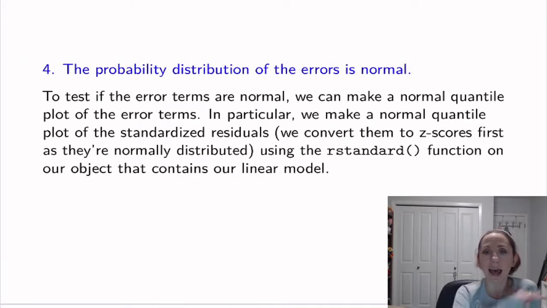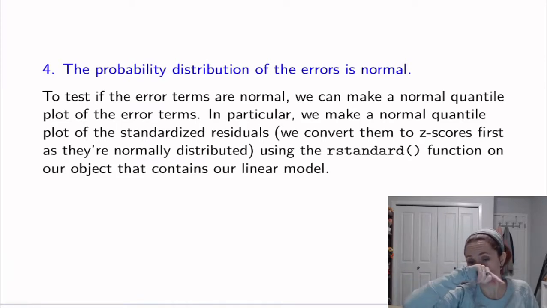Because it will take the actual values that you see and plot them against their theoretical z-scores as if they were normally distributed. So if our data set was perfectly normally distributed, our actual values would match perfectly with the theoretical z-scores, and they would fall across the line.